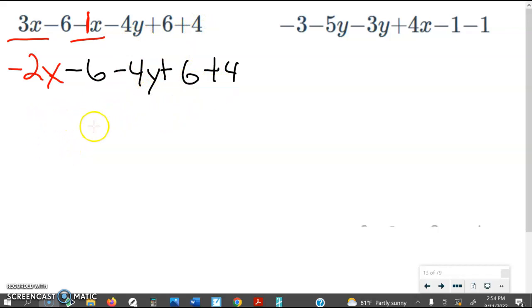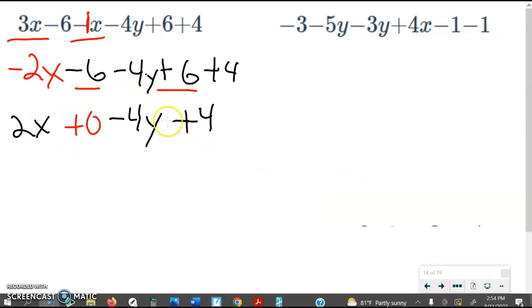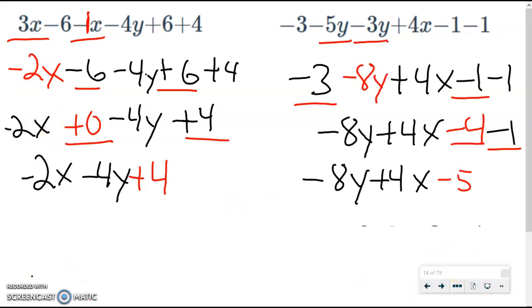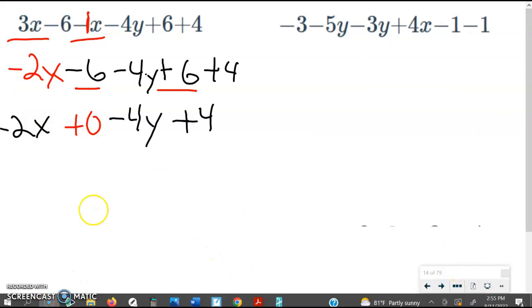Now I find my next like terms, which will be these constants. So first I find negative 6 and positive 6. They're opposites there. They'll cancel each other out. So that'll be 0. And all the other numbers, this should be negative here. Alright, now I got a negative 2x here.